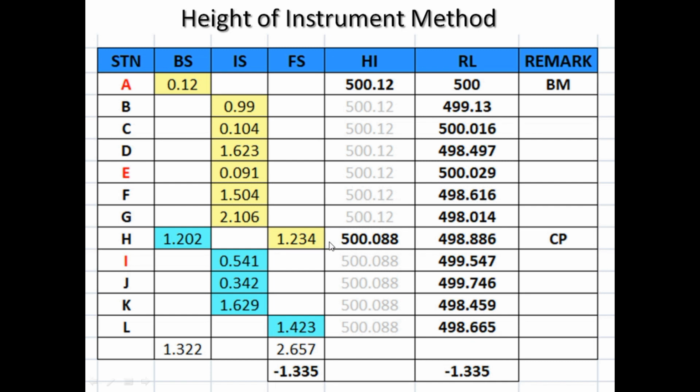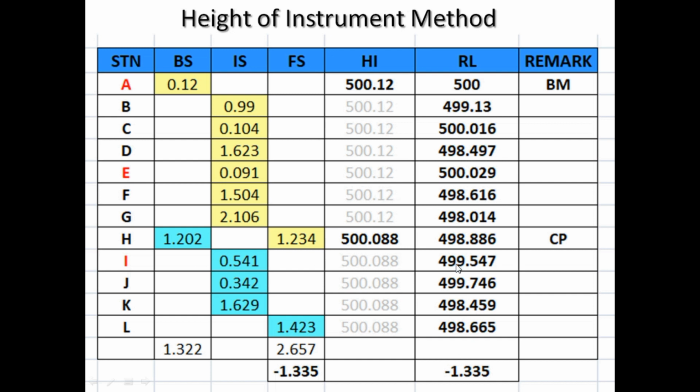So please remember, this HI is not valid for the earlier backsides, but is valid for this backside. Again repeating, old height of instrument minus foresight will give you the reduced level. This reduced level plus the backside taken at H will give you the new height of instrument.